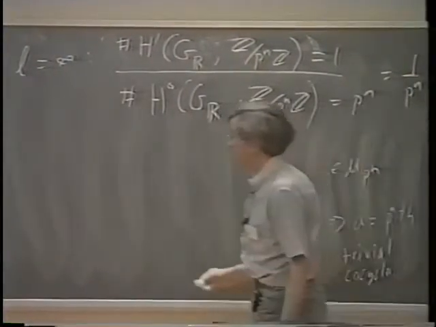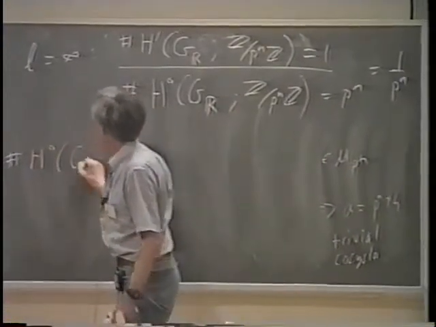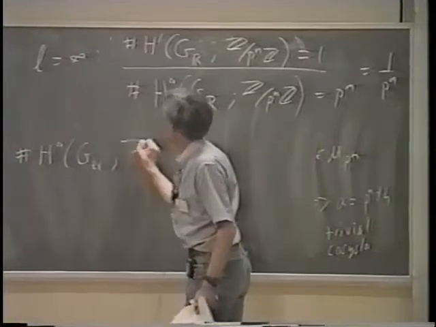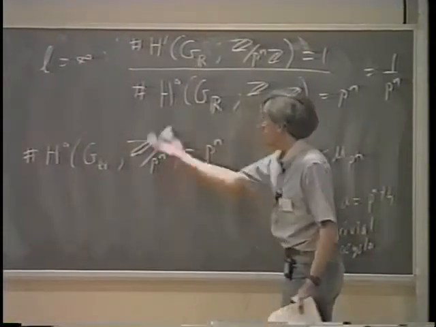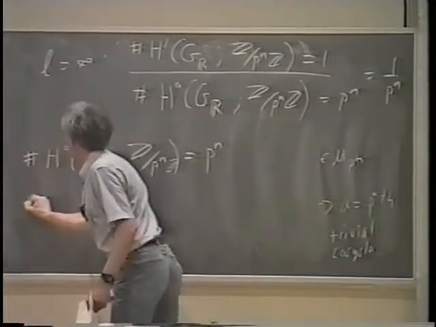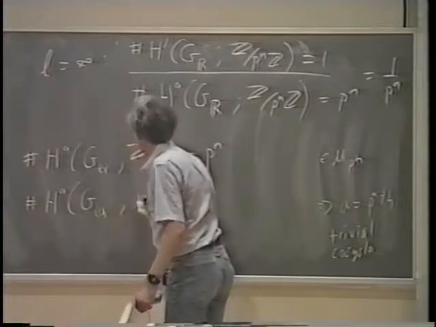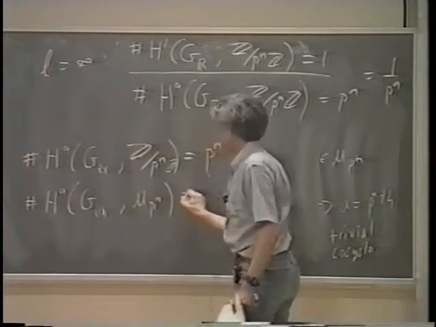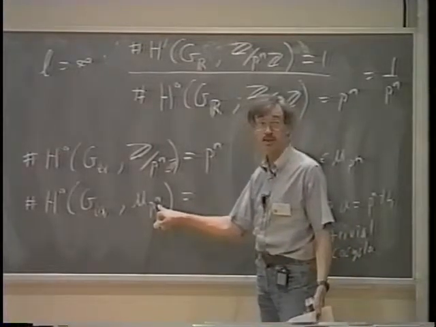Now we have the two other H0s. The order of H0 of G_Q, Z mod p to the n, is again p to the n. Everything's fixed. And the order of H0 of G_Q, mu p to the n, well, that's just p to the nth roots of unity that lie in the rationals.